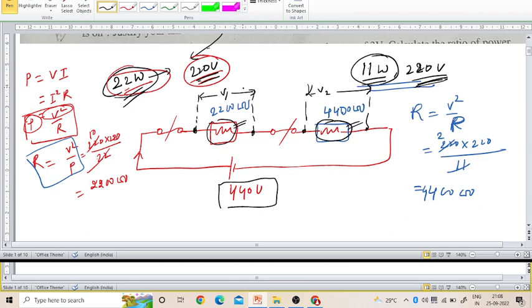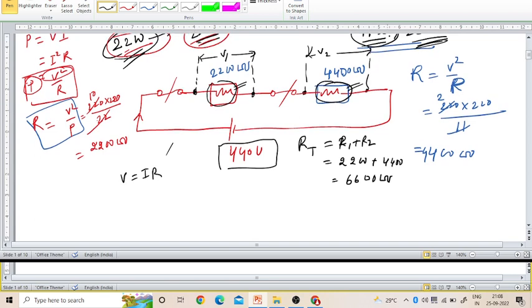To calculate V1 and V2 we have to use V equals IR, but we don't know I. For that, we first need the total resistance, which is R1 plus R2, that is 2200 plus 4400. This comes out to be 6600 ohm.